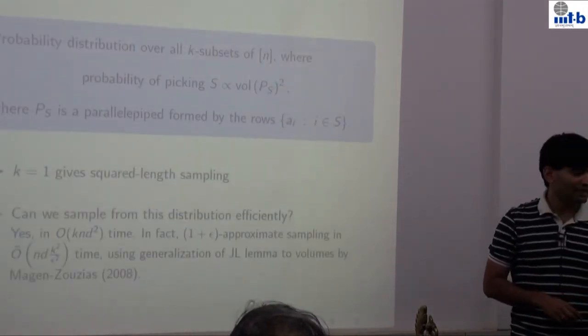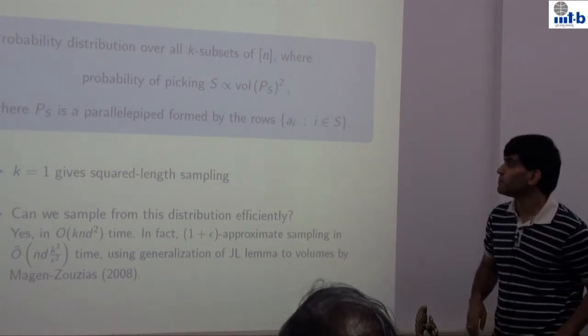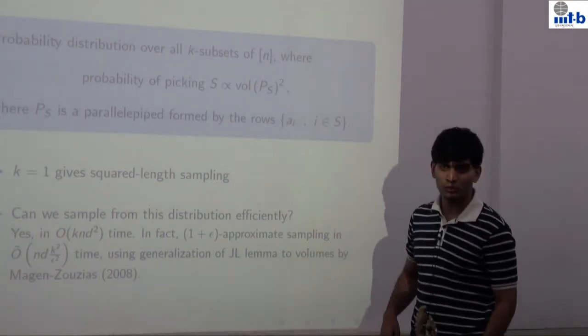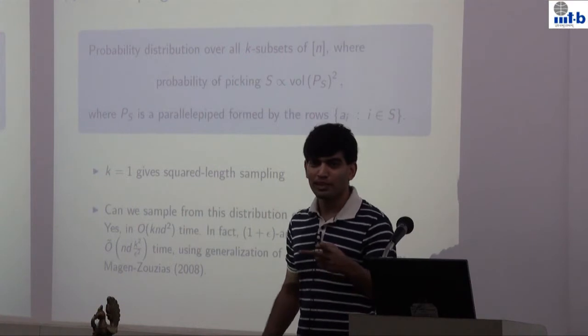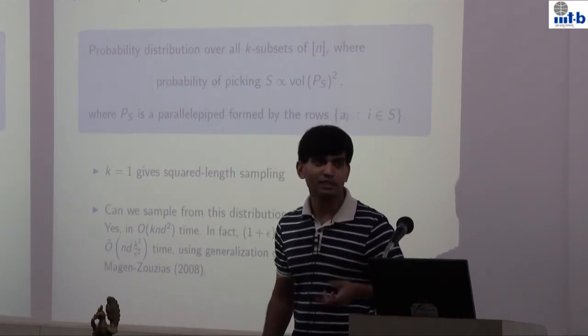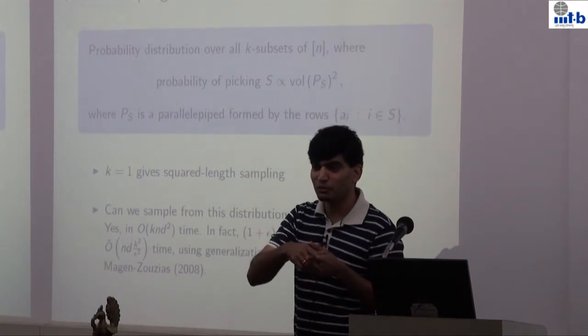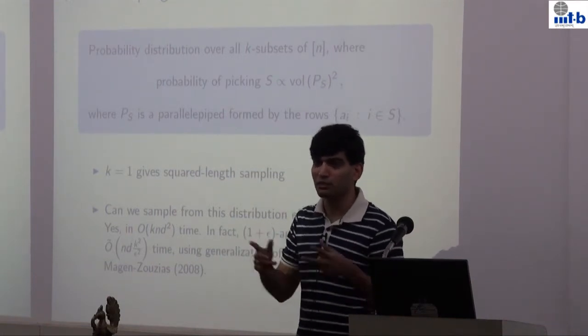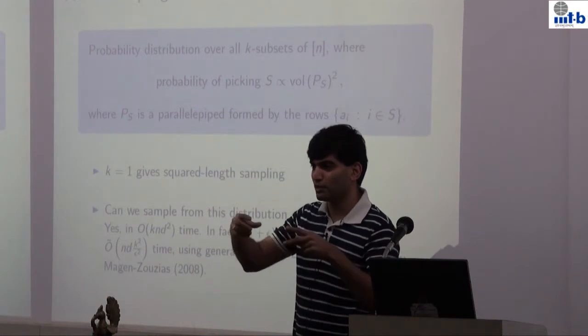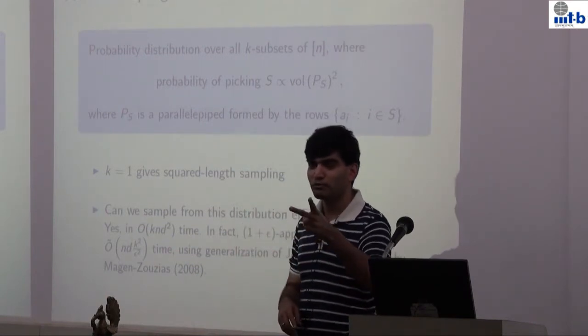The other generalization is a probability distribution over subsets. You pick a subset of vectors with probability proportional to, not squared length as for a single vector, but for multiple vectors, squared volume.